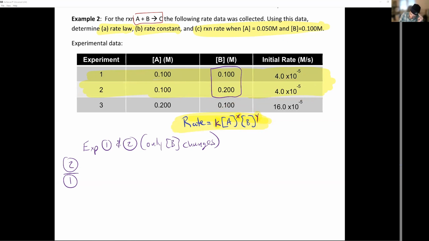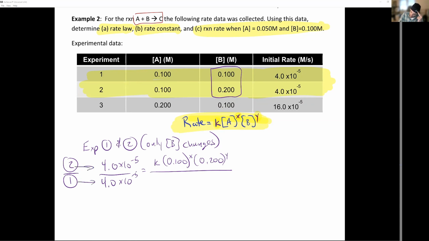For experiment 2, I have 4 times 10 to the minus 5 is equal to K, because we don't know what K is yet, times the concentration of A being 0.100 raised to the X times 0.200 raised to the Y. Then I'm going to simply divide this all by the values for experiment 1. So these are for experiment 2, and all of these are for experiment 1.